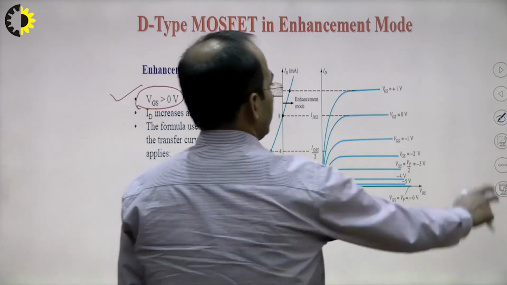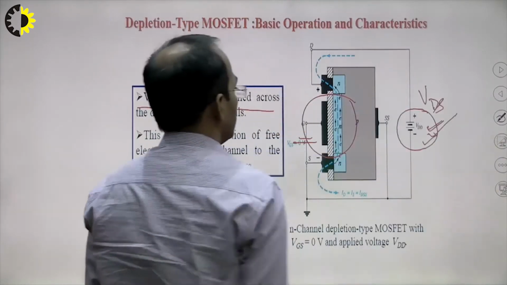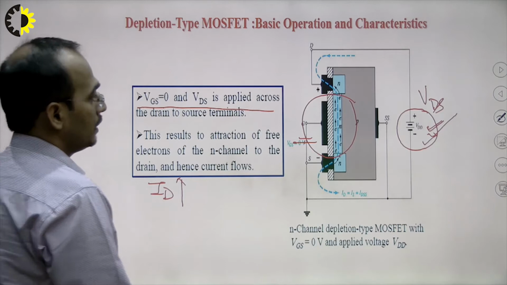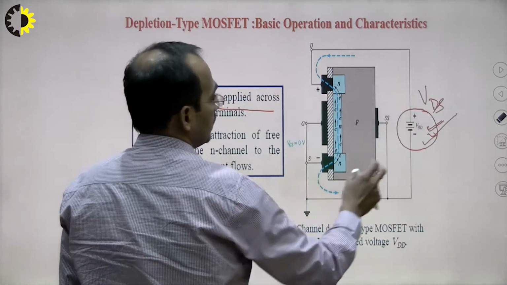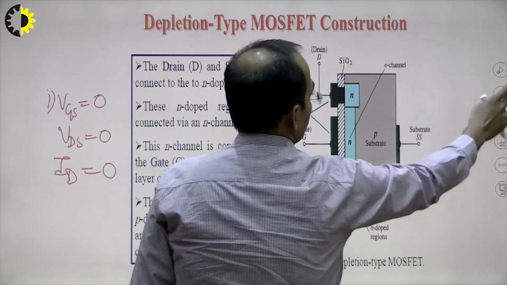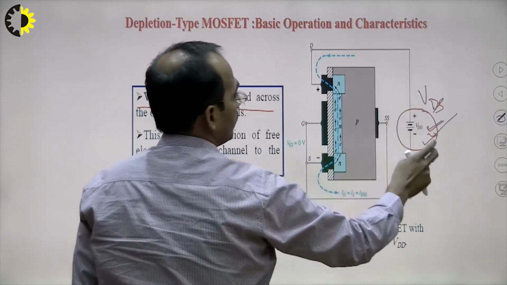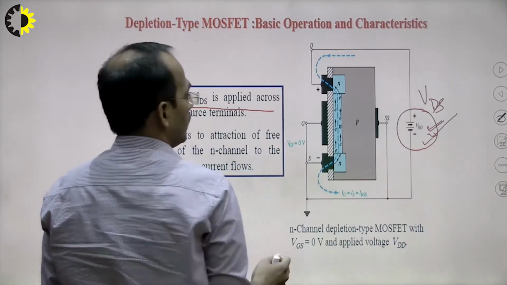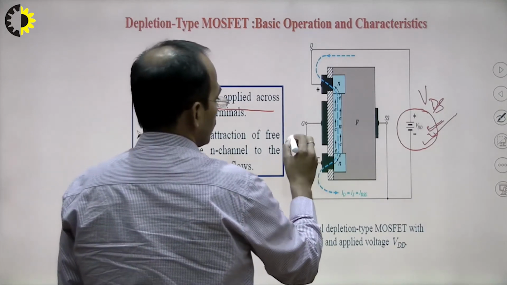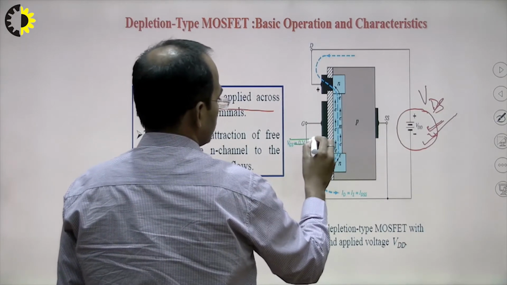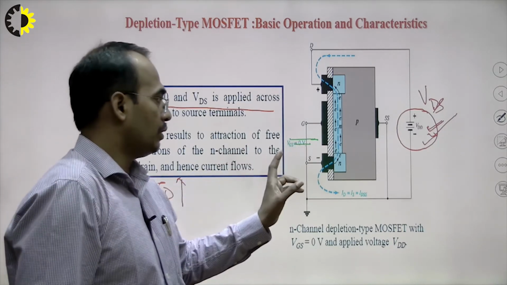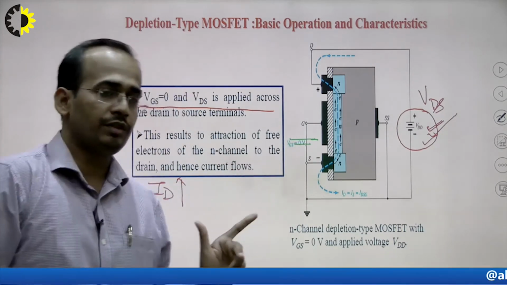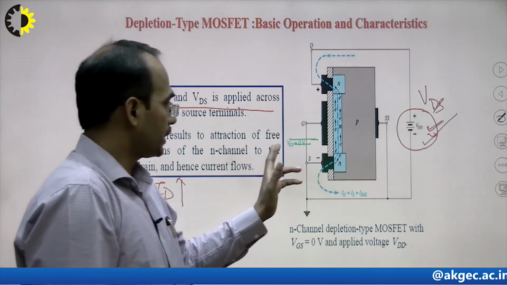So, what will happen when we apply the gate to source voltage positive? In the previous case we took VGS negative; in this case I am going to take VGS positive.